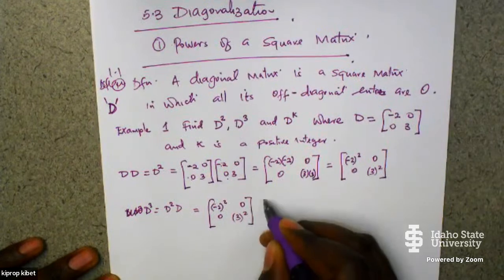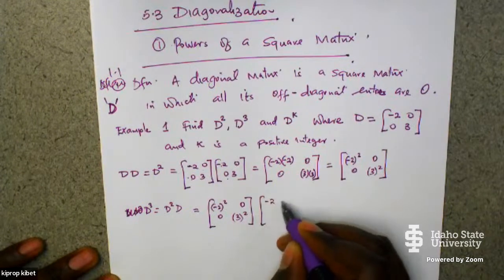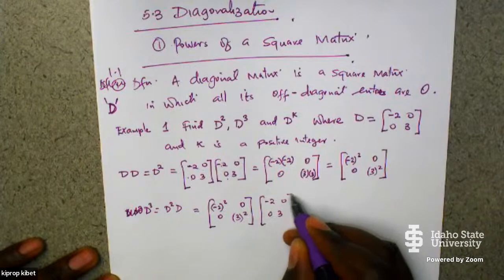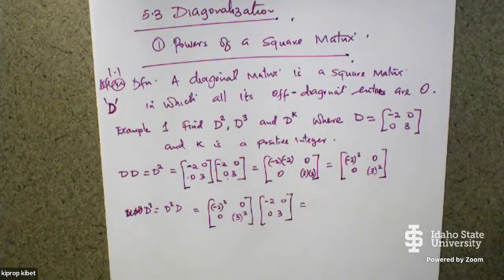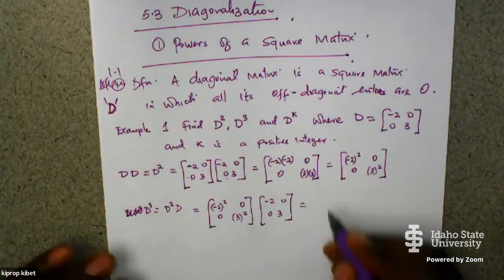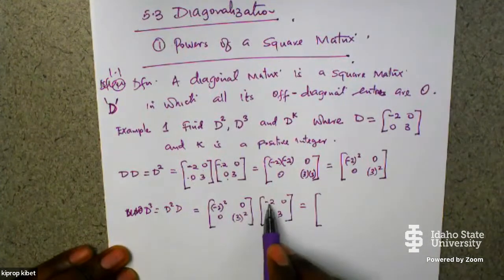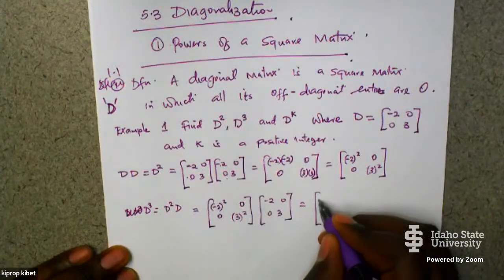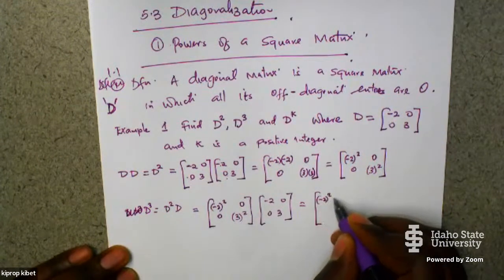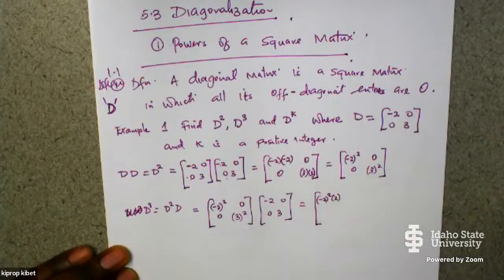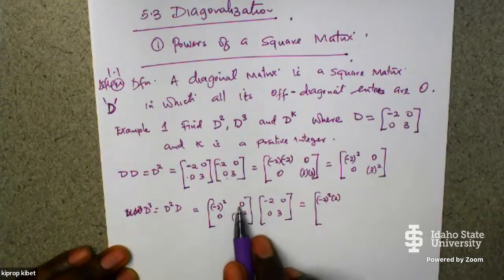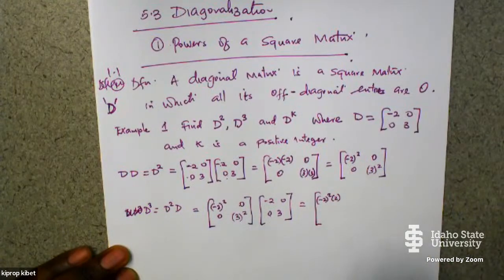What happens when you multiply again by -2, 0, 0, 3? The first entry is -2 squared multiplied by -2, plus 0.